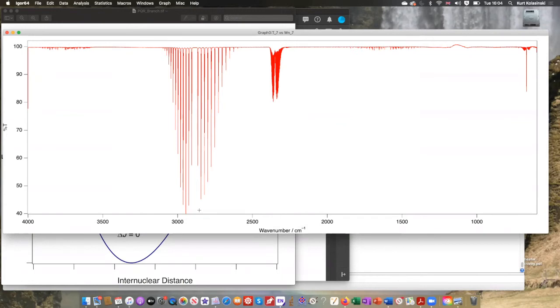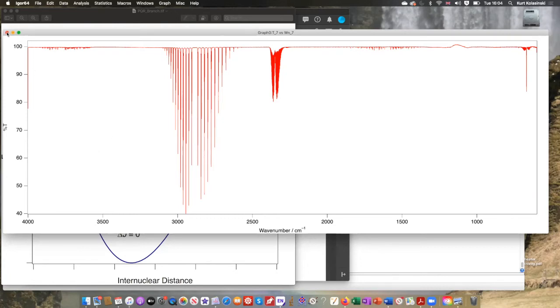Good. You're going to do a whole bunch of plots of spectra that all have to have wave number on the bottom, all have to have %T over here. They're going to have different ranges, so we're going to have to change the range. But everything else, wait a second, I'd like to use this as a template.